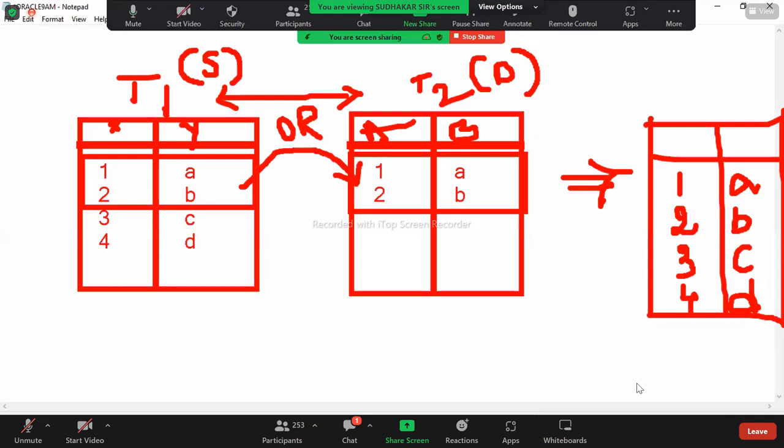Override means what? Data on data. So here 1 is there, again it will take 1. 2 is there, again 2 overrides. A is there, again A. B is there, again B. So it is just overriding here.